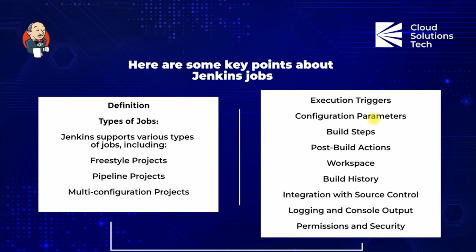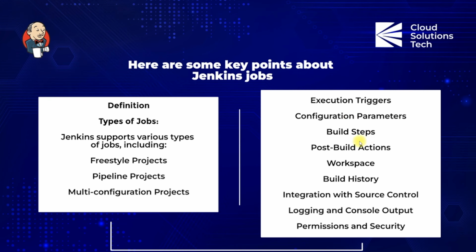And then we have the build steps. In Jenkins, you define a series of build steps or tasks to be executed. These steps could include compiling code, running tests, and packaging artifacts.